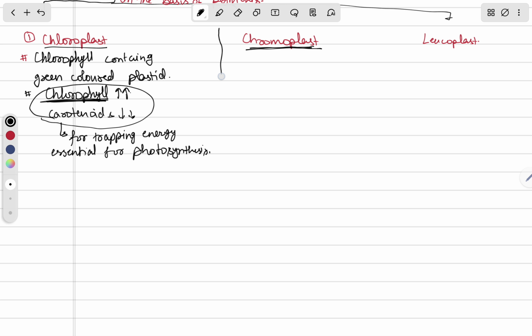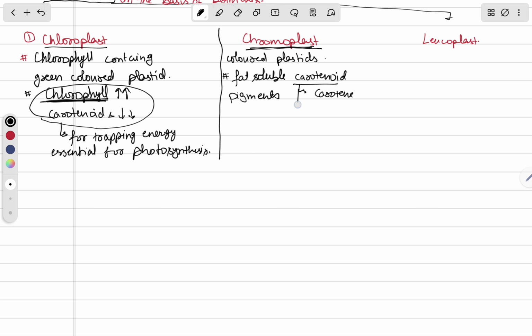Next is chromoplast. Chromoplast is a colored plastid, right, other than green. It has fat soluble carotenoid pigments, and these carotenoid pigments can be carotene and xanthophyll.